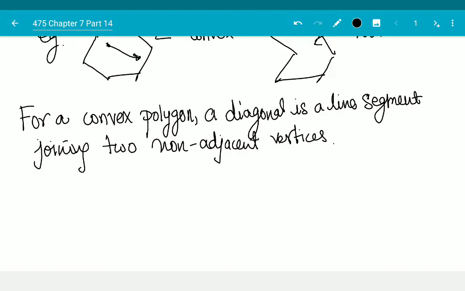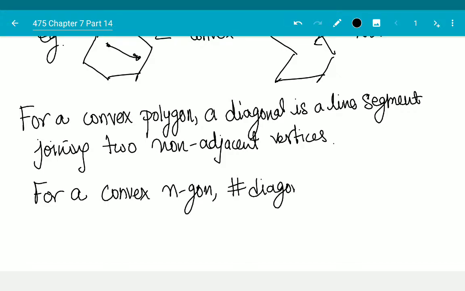So for a convex n-gon, the number of diagonals is equal to n times (n minus 3) over 2. One way to think about it is, choose a vertex.